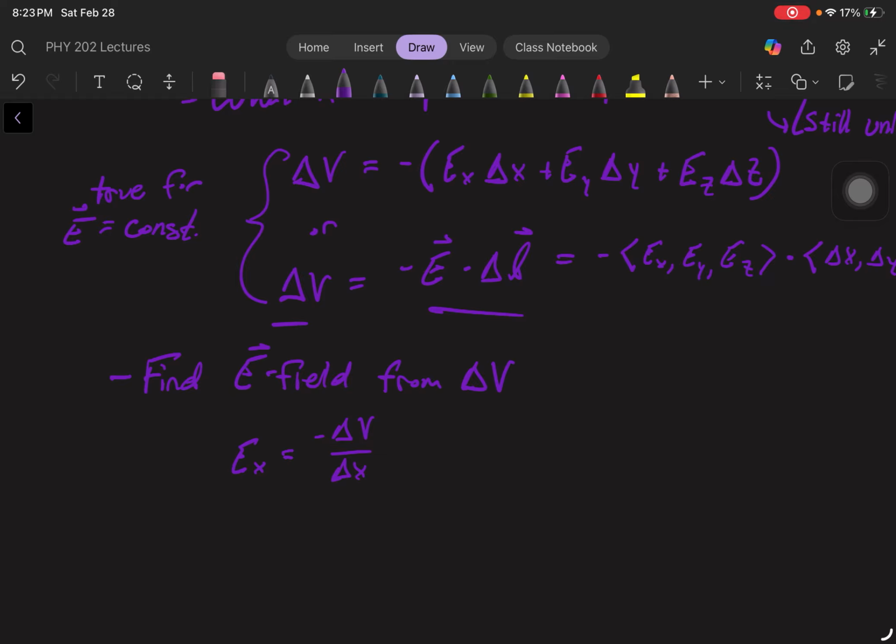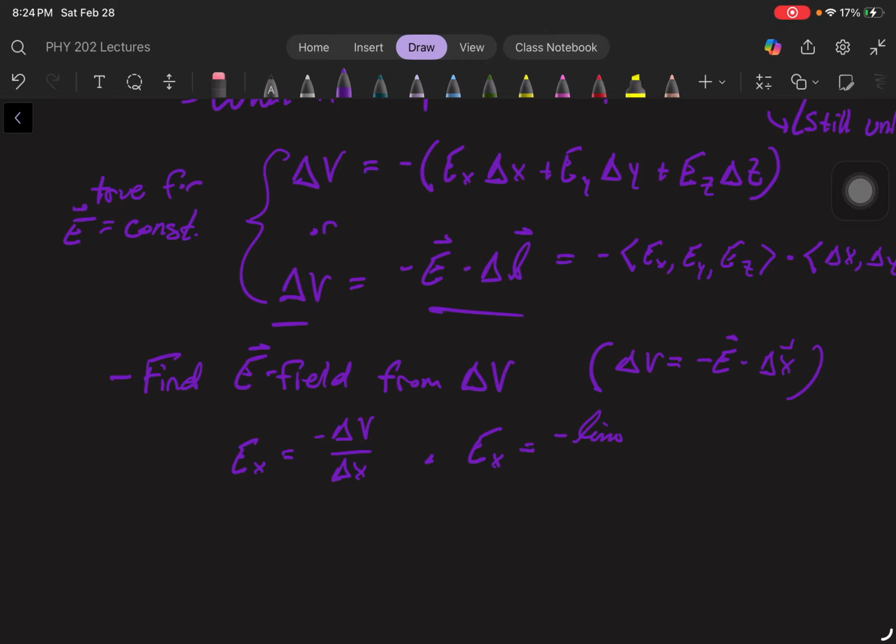Because remember we had delta V is negative E dot delta x. And so we just divided both sides by a negative delta x, and we're having a good time.